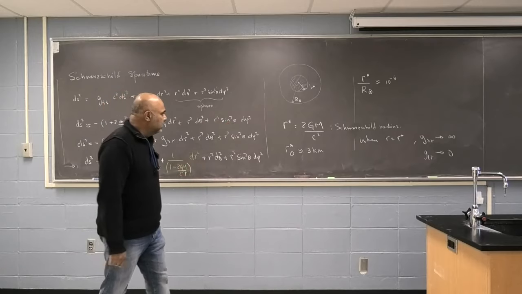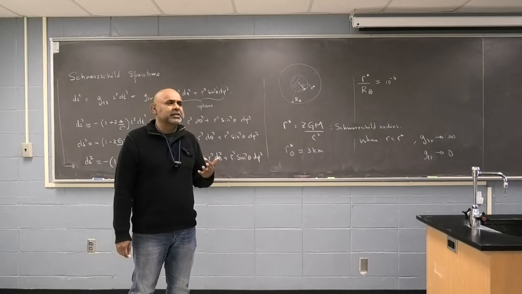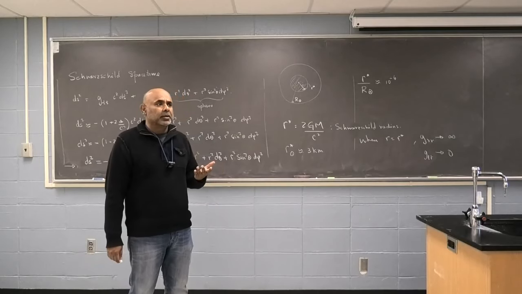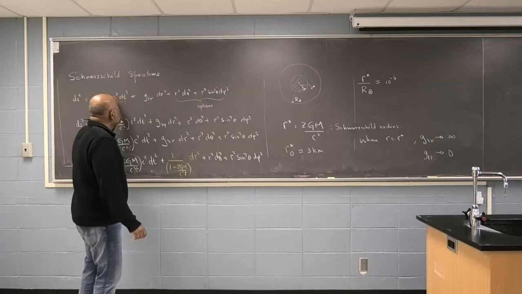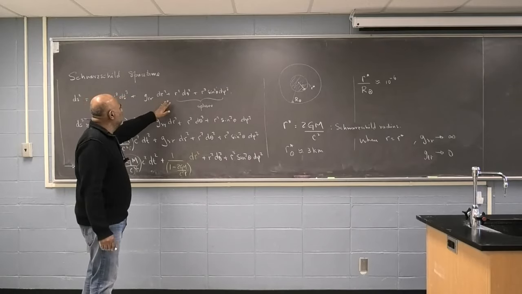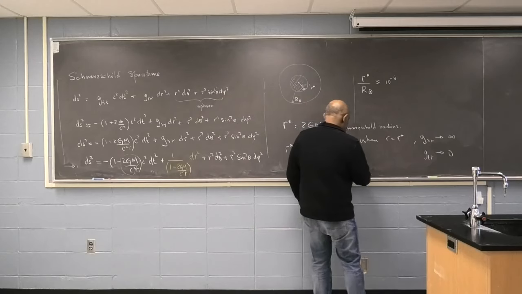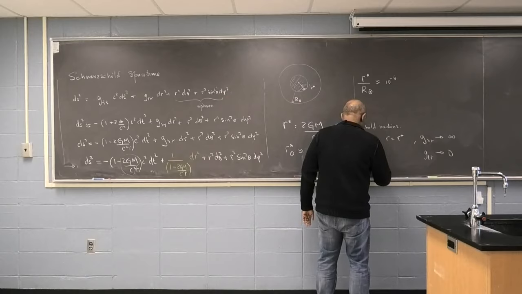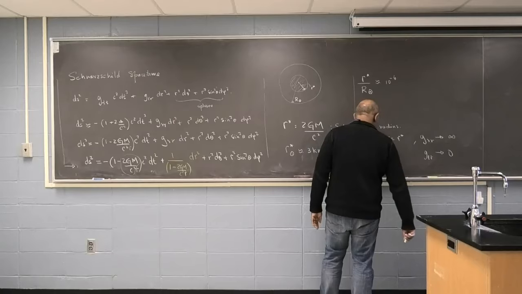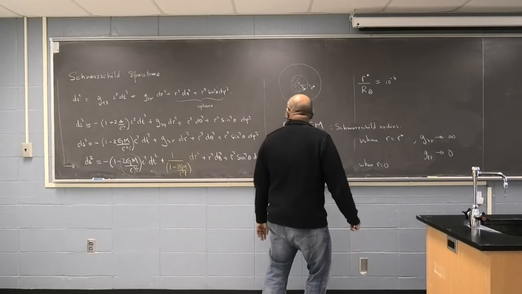There's another problem. In classical physics, it's not a problem. We wrote this, and we say that this is not a problem because we know this is Cartesian written in a funny way, but there's another problem here. When r equals 0, what happens?